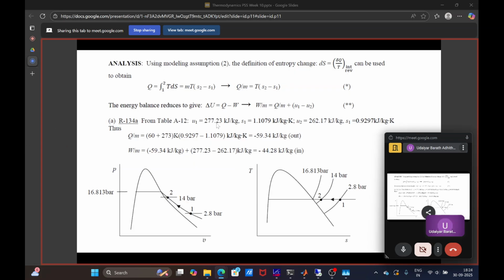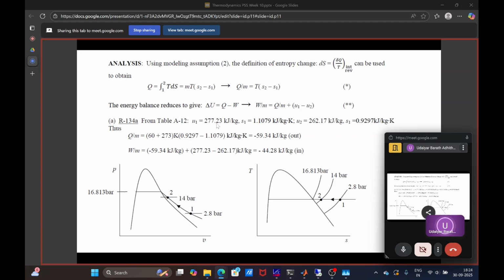Just like in the previous problem, we know the relation between delta S and the heat transfer for an internally reversible process: dS is dQ by T. So we can write Q as the integral of T dS, and since the temperature is constant, we can take it out.